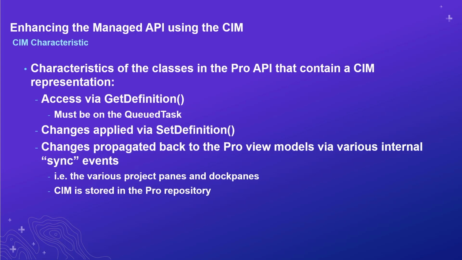All the changes you make are propagated back to Pro through a series of internal sync events. All the panes and project panes in Pro get updated, and the CIM is stored within an internal database called a repository.